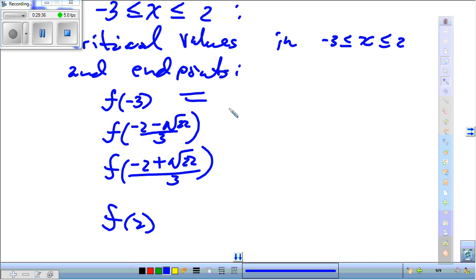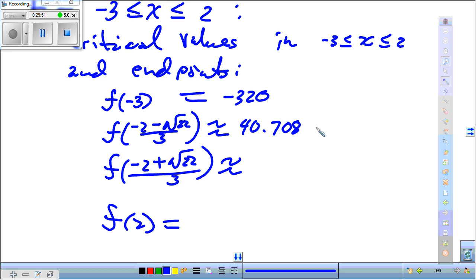And it's a matter of comparing these four values. So we get minus 320 at minus 3. We have 40.7086993. We computed the local minimum, minus 5.153137 approximately.